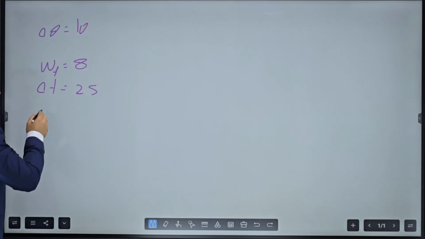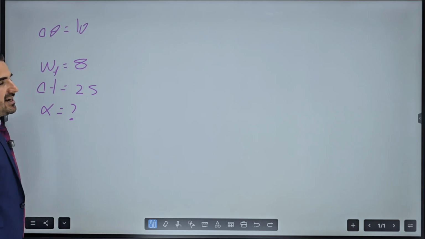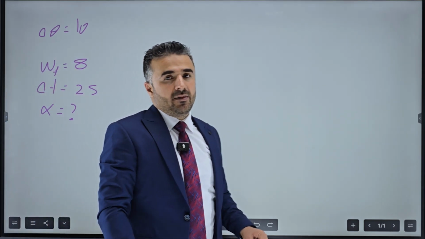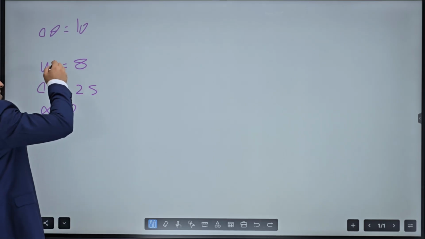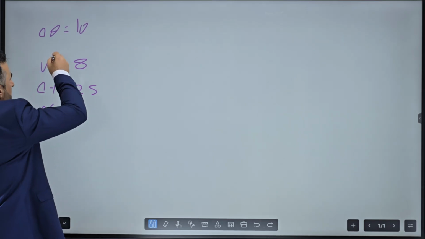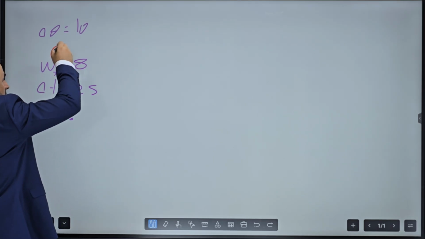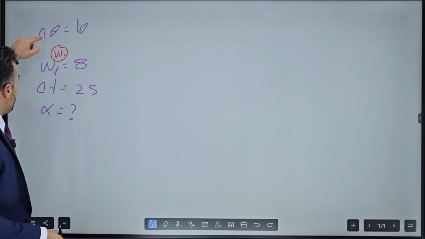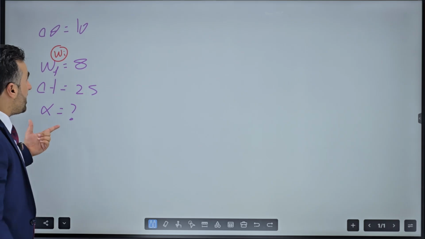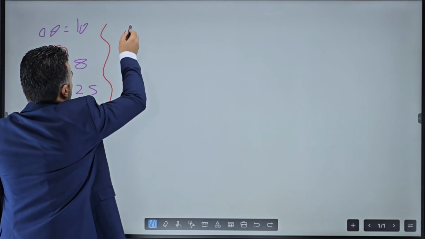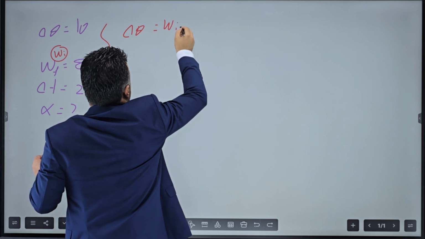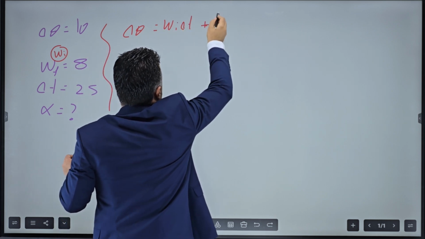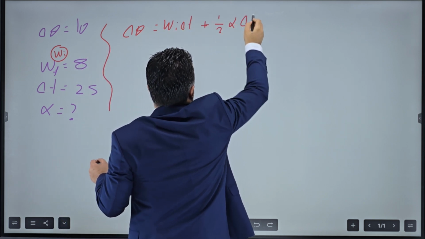So remember, the question says, what is the angular acceleration here? Don't forget, right? Because, like I said, if you're not aware of this one, if you use this one as omega initial, let's just say you thought of this as omega initial, then you will say, I have delta theta, I have omega initial, I have delta t, I can easily find angular acceleration, and you will just start with the third equation, which is omega initial delta t plus 1 over 2 angular acceleration delta t squared.